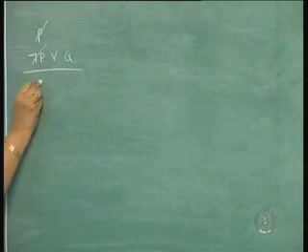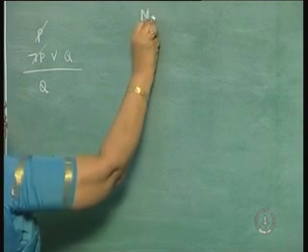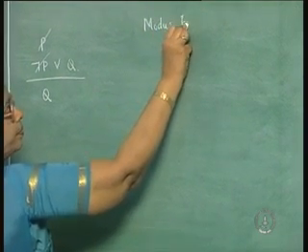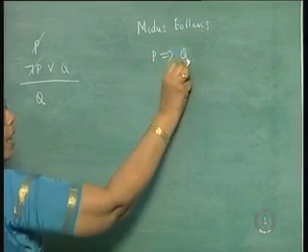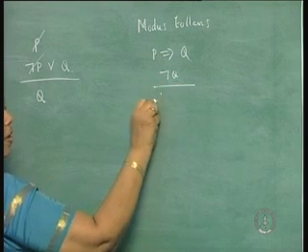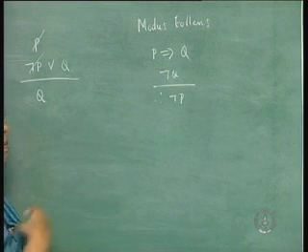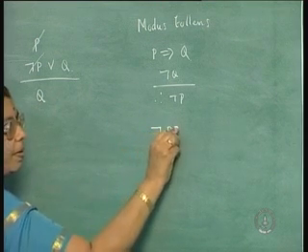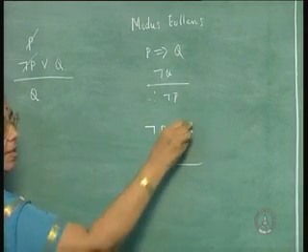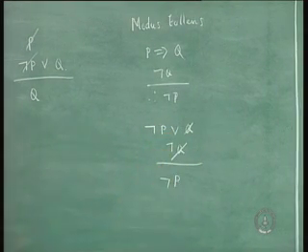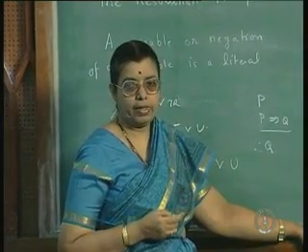You have to remove this and you end up with Q. And similarly, modus tollens, you have P implies Q and not Q, from which you conclude not P. Look at it in clause form, P implies Q you can write as not P or Q, and then you have not Q. Take the resolvent of this, you will get not P. This is just to show how the resolvent is connected to the conclusion.